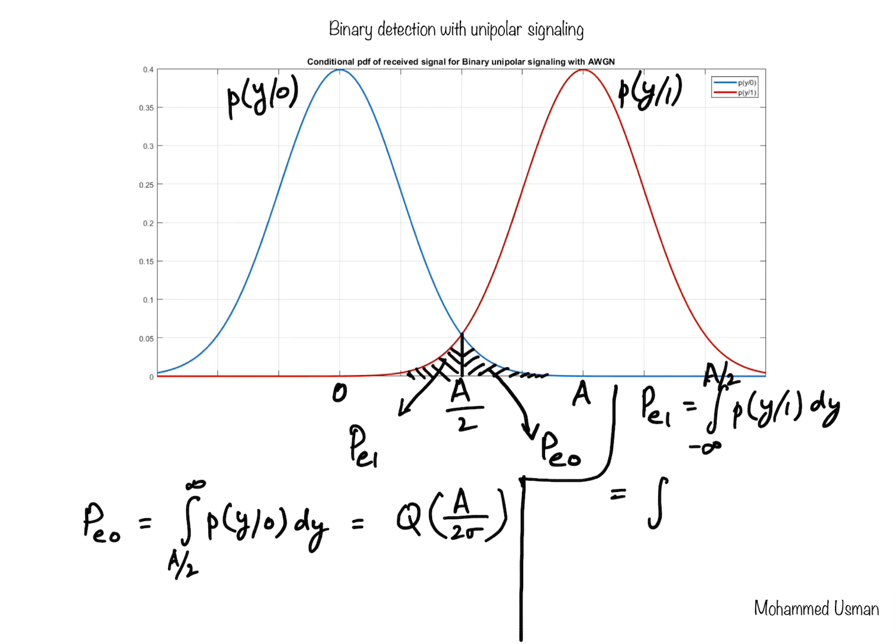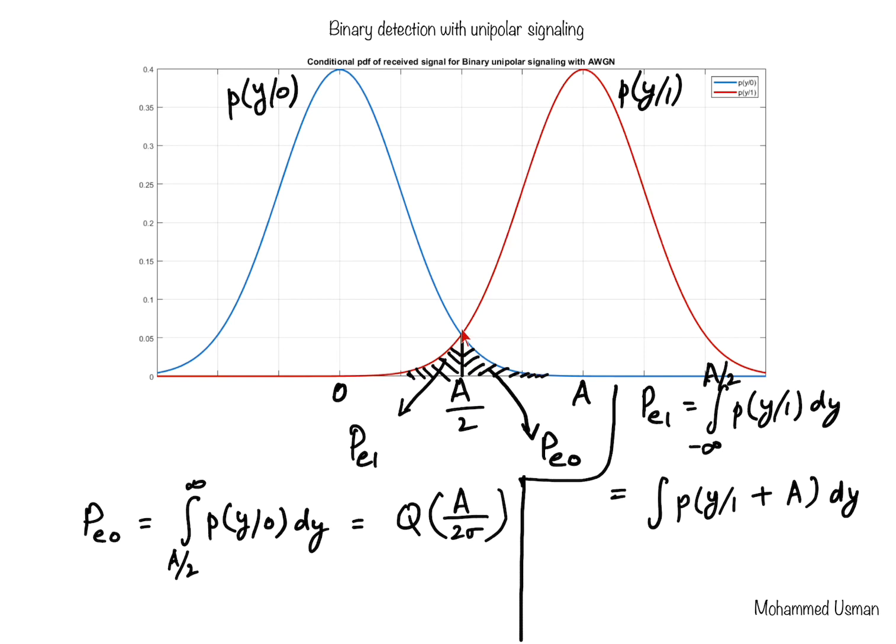So we can write that as P of y given 1, shifting to the left is plus, and the amount of shift is a. So we are shifting the entire PDF by a to the left. So this red PDF will get shifted to the left and become centered on 0.